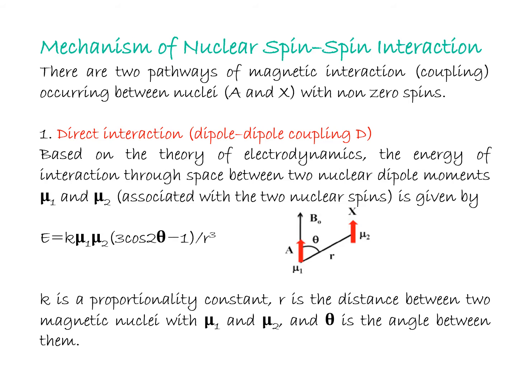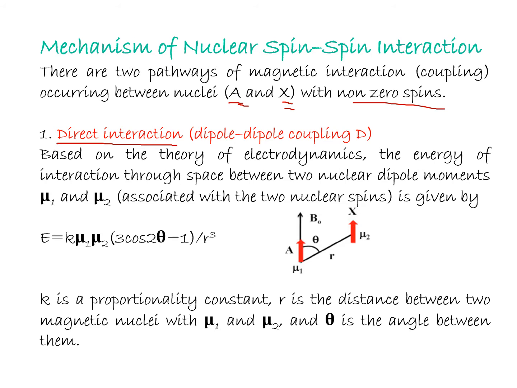There are two pathways of magnetic interaction, what we call coupling, occurring between nuclei A and X with non-zero spins. Either direct interaction, what we call dipole-dipole coupling.